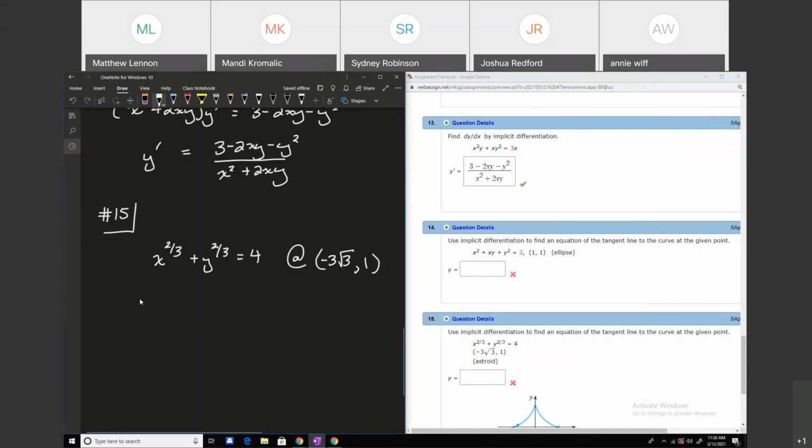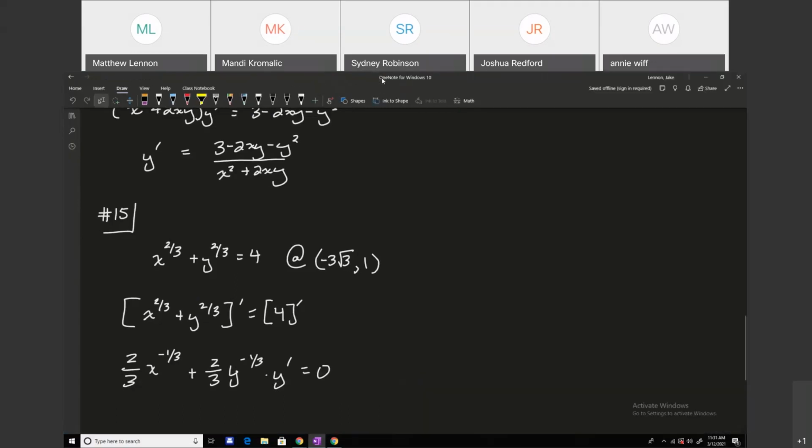If you differentiate both sides, again, we're just using the power rule. We've just got some fractions. So we get 2/3 x to the minus 1/3 plus 2/3 y to the minus 1/3 times y prime, and that'll equal 0.